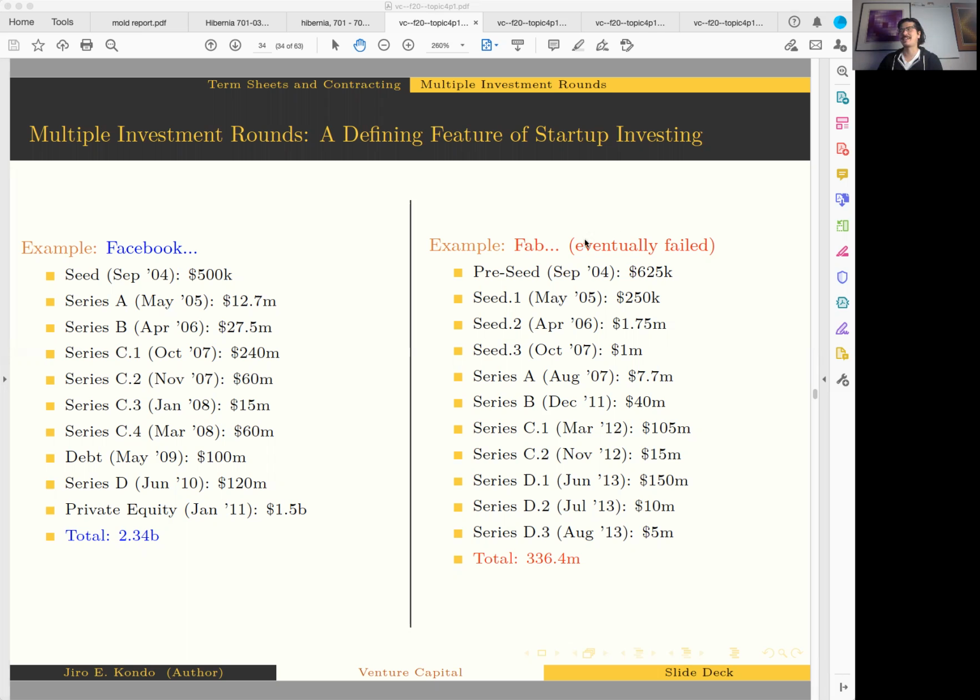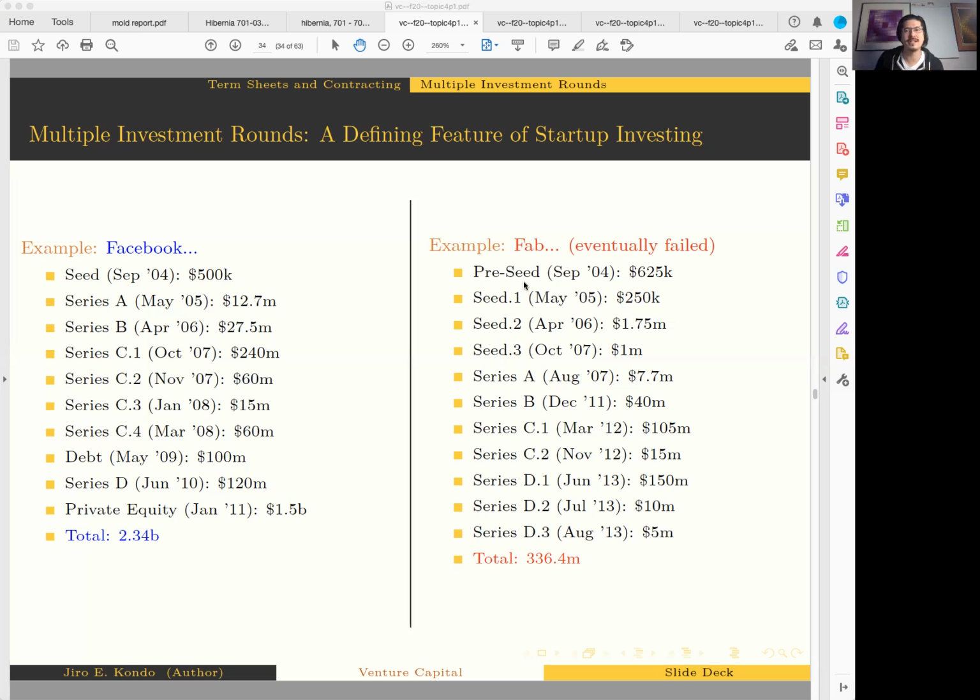So that's why I said it eventually failed. But it actually was a unicorn at some point, right? So it is possible for a unicorn to go down to approximately zero, where every single employee and every single founder in the company ends up with a big fat zero. It happens. Fab is an instance of that.